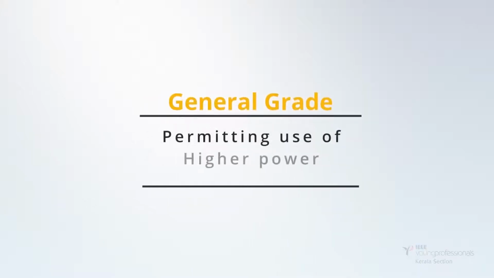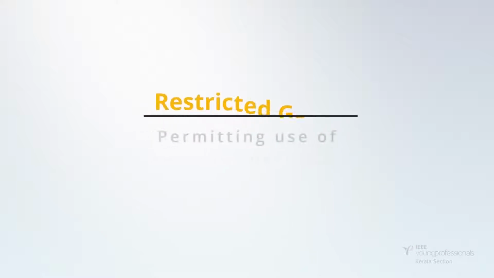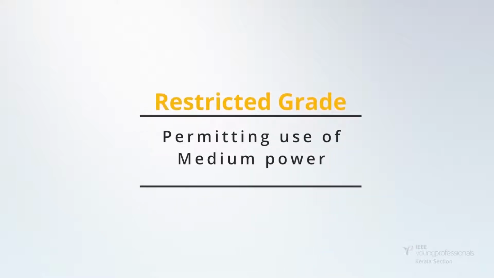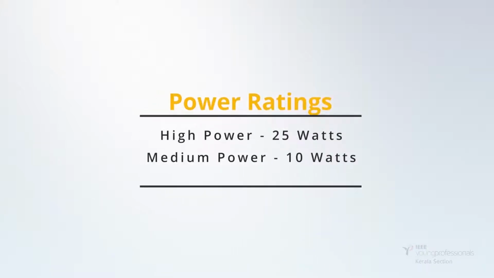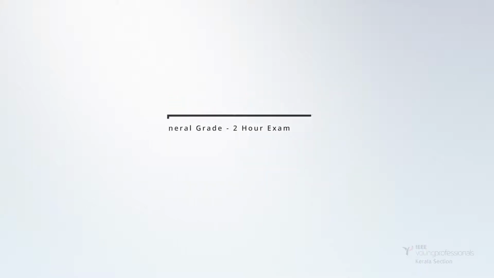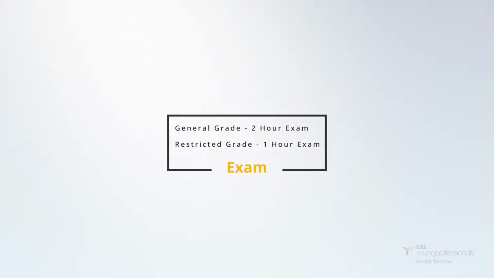For general grade, we can use high power, whereas for restricted grade, we can use only medium power. High power can be 25 watts and medium power is 10 watts. For general grade, the exam will be 2 hours and for restricted grade, the exam will be 1 hour.